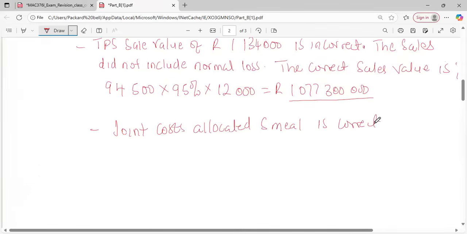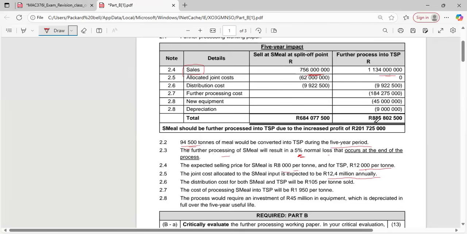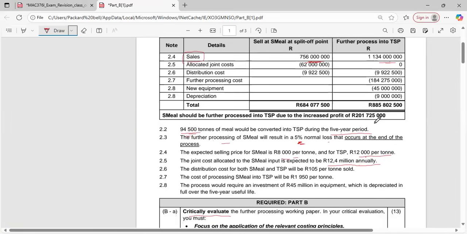Then you go now and look at distribution cost. What are they saying about the distribution cost? The distribution cost for both S-mill and TPS will be 105 a ton sold.